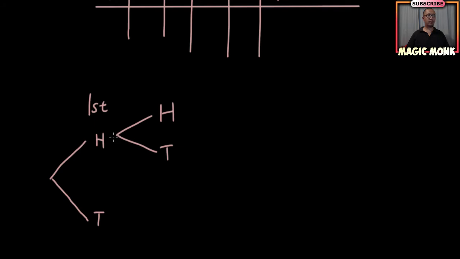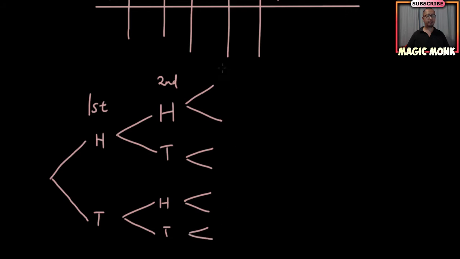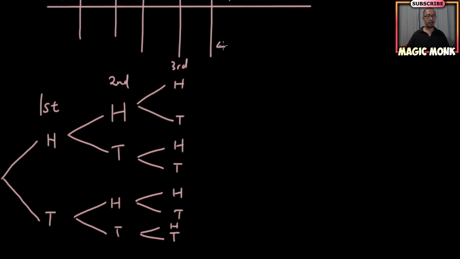So you can either get a head or a tail again, so that's your second toss. And then there's your third toss. You get head or tail, head, tail, head, tail, head, tail. And then each toss after that, you're going to go head, tail again.